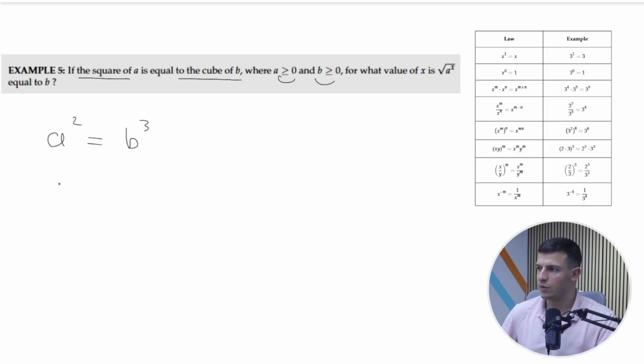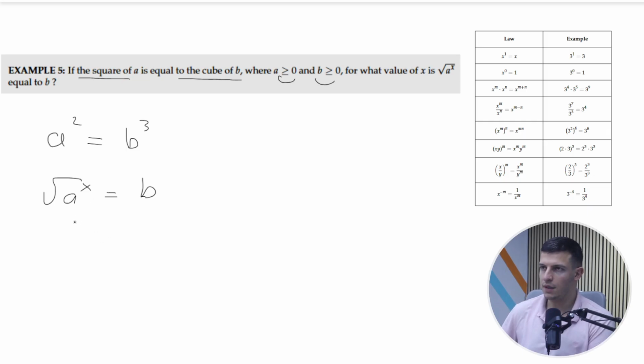Okay, so basically the question is, if this is the case, what is the value of x? Okay, now somehow I need to go from the first expression, which is a square equal to b cube, to this one.